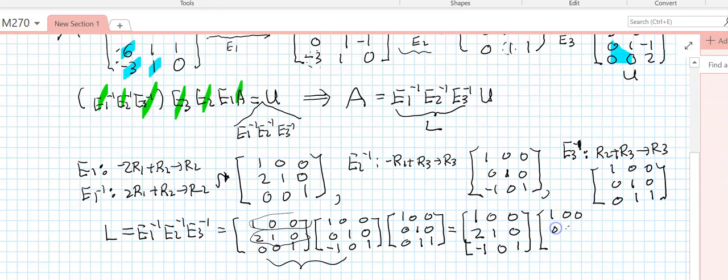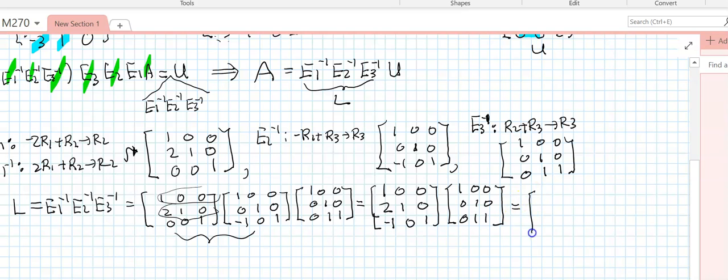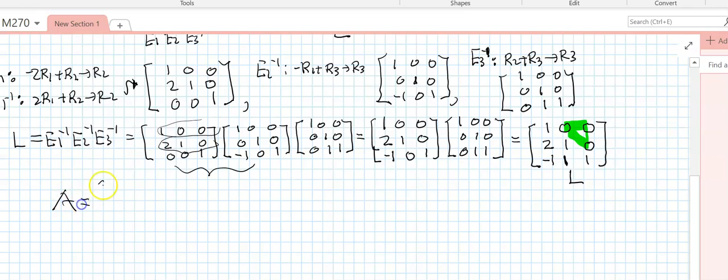The last row is negative 1, 1, 1. So this is what we are looking for. Now this becomes lower.